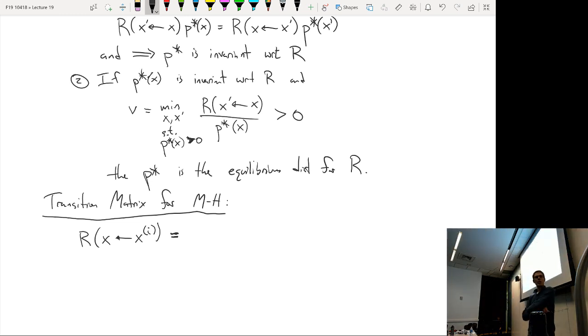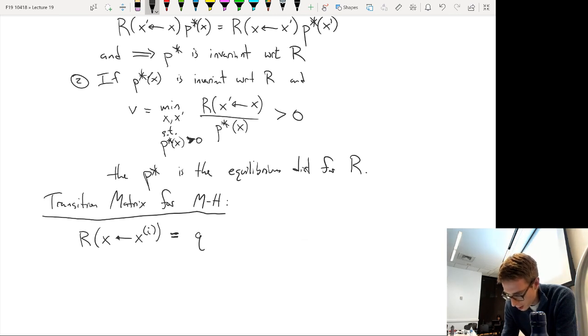So what's the probability of transitioning to some state x from some state xi in Metropolis-Hastings? So there's going to be a ratio in there, but what? Yeah, so this should just be Q of x given xi, right?